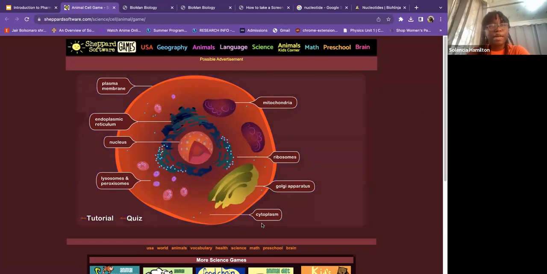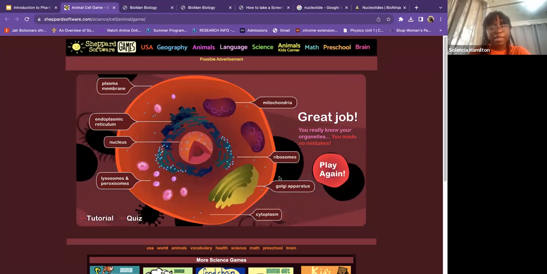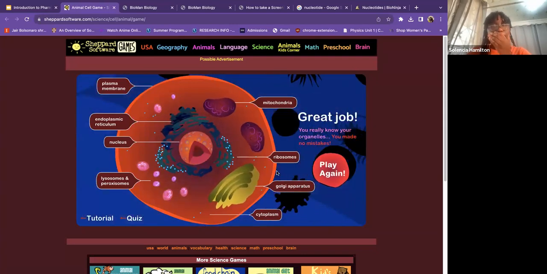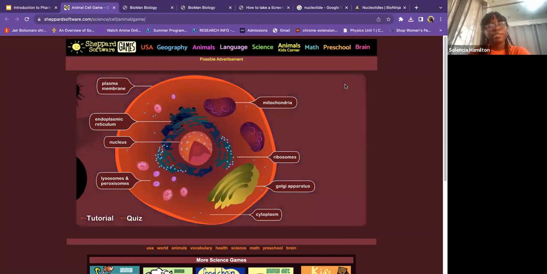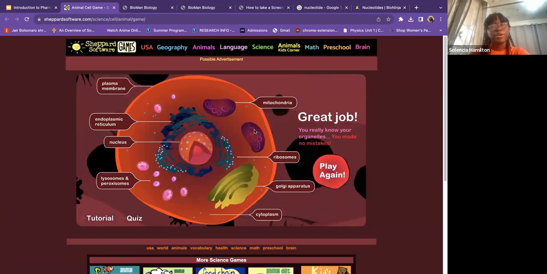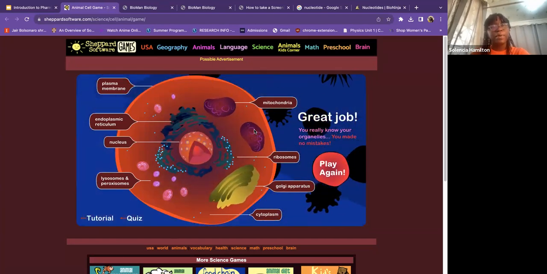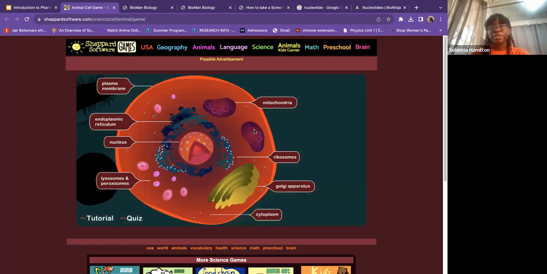So the plasma membrane is what surrounds the cell, as I said. And it basically controls what enters and exits the cell. Think of it like a security guard. Think of a gated community.